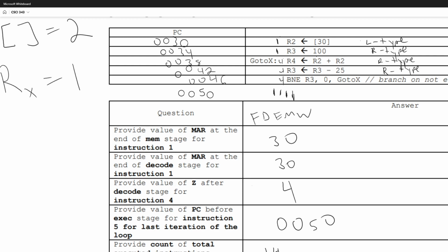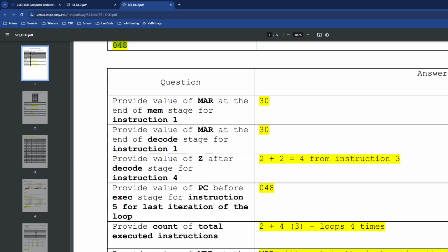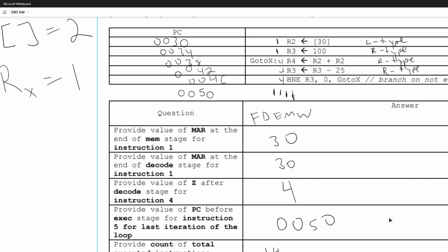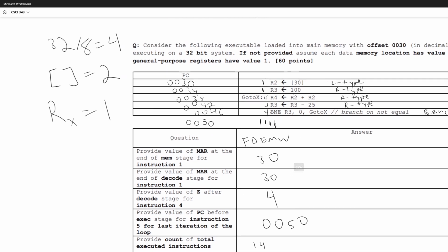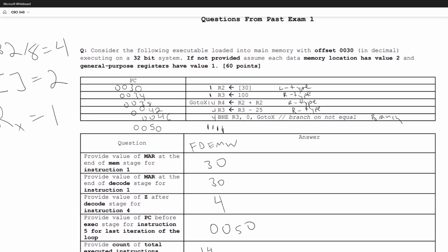The instruction. What did he write? Yeah, MDR contain the instruction itself. Okay.